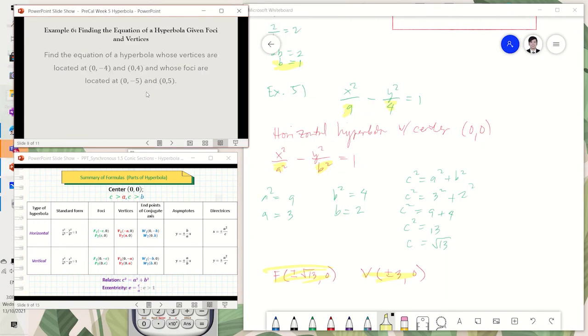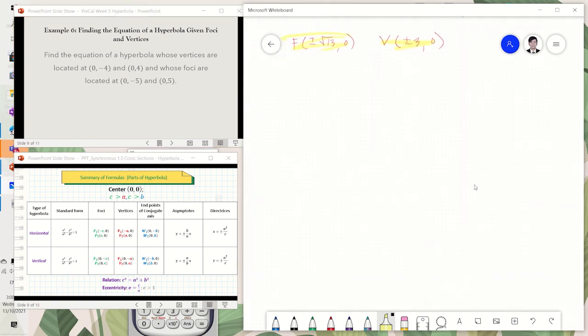Okay, let's continue to example 6. We are asked to find the equation of the hyperbola whose vertices are located at (0, -4) and (0, 4), and whose foci are located at (0, -5) and (0, 5).